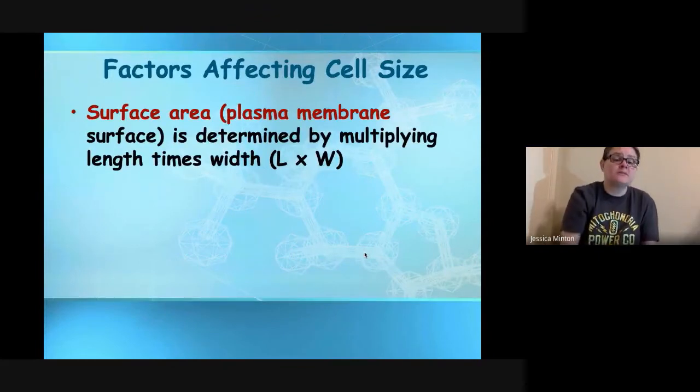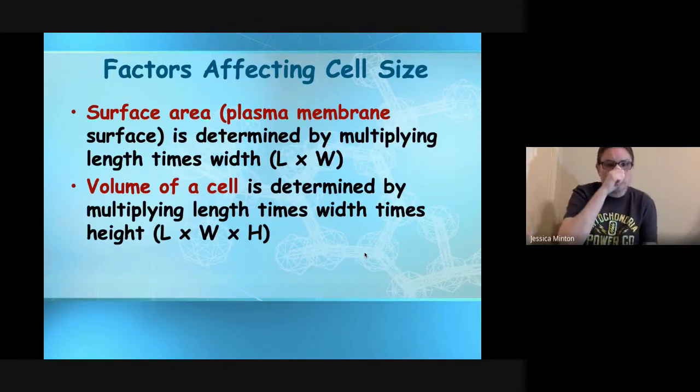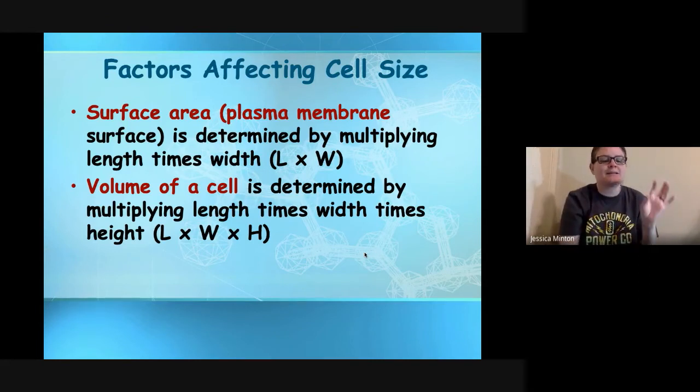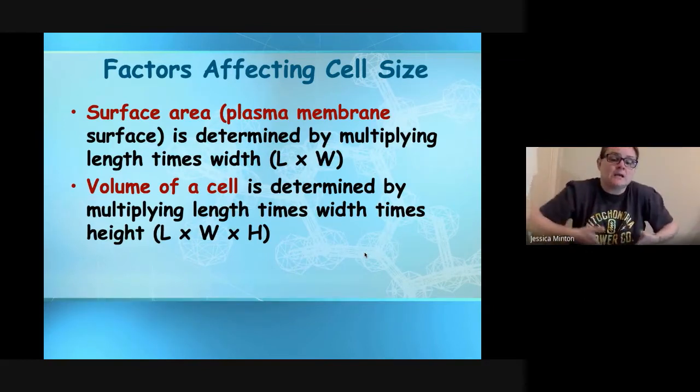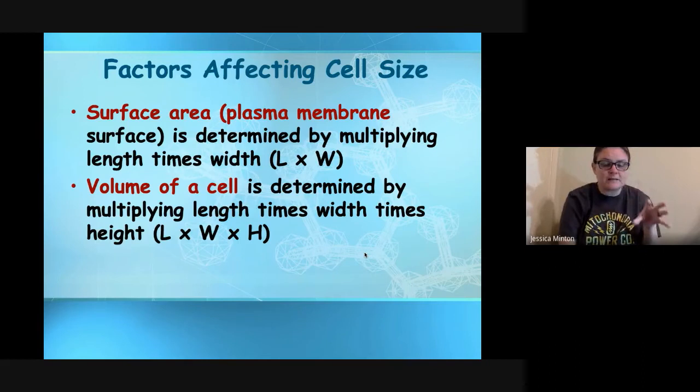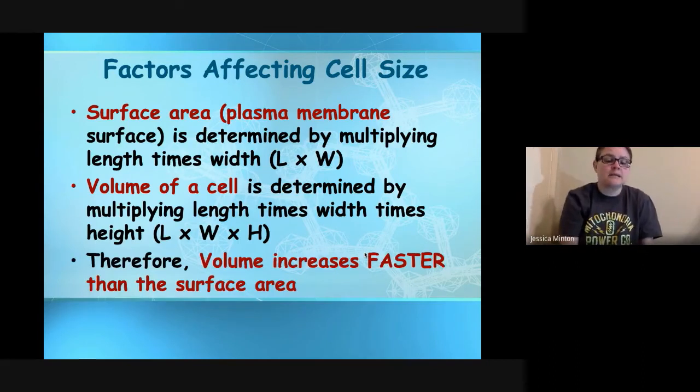So let's look at factors affecting cell size so we can answer this question. Your surface area, the plasma membrane surface, the cell membrane surface, is determined by multiplying the length and width, or L times W. And the volume, what's inside, is determined by length times width times height.